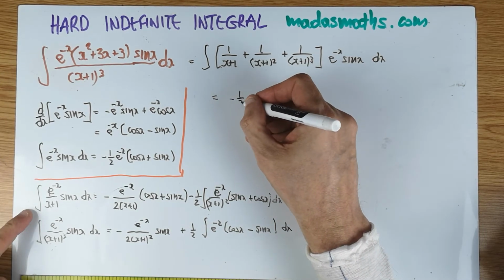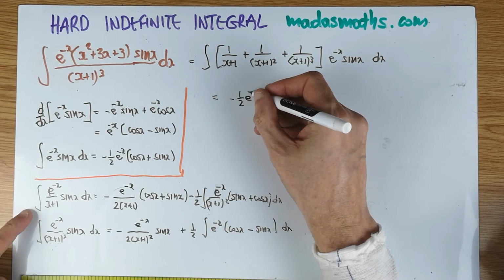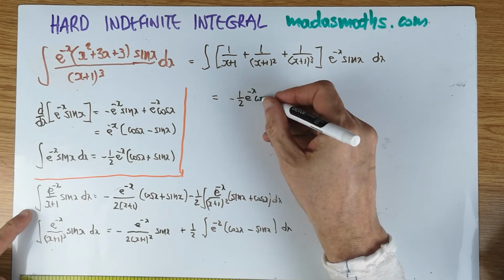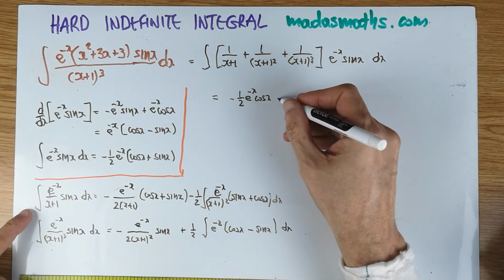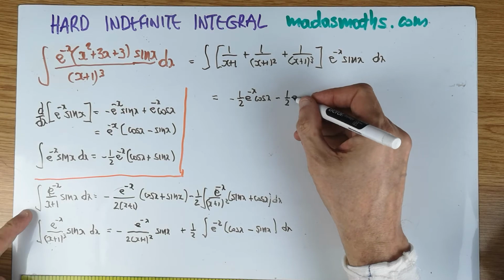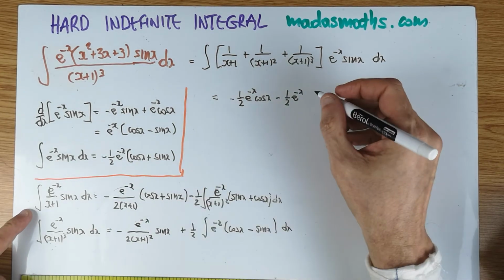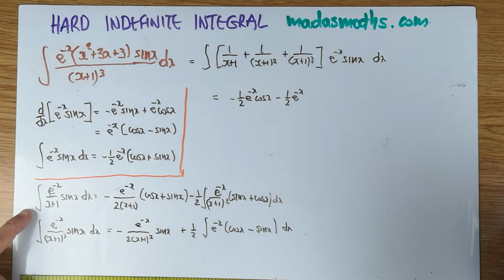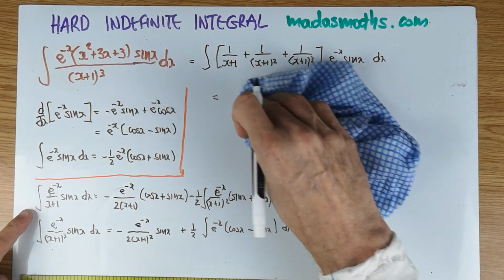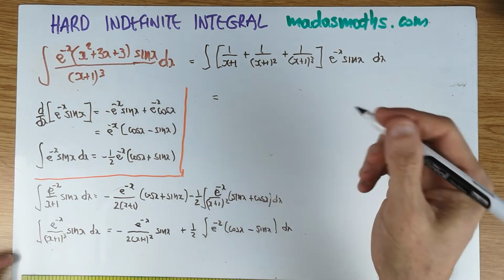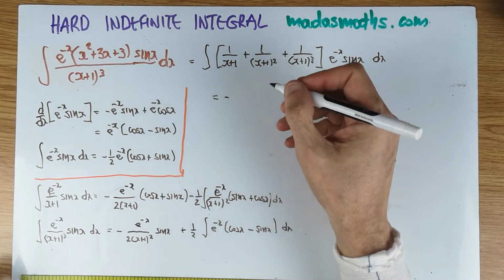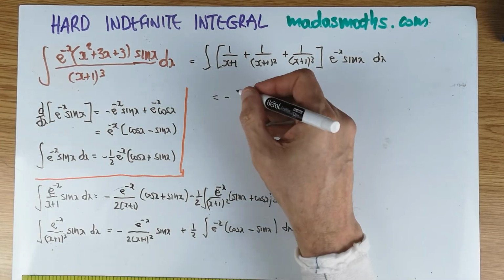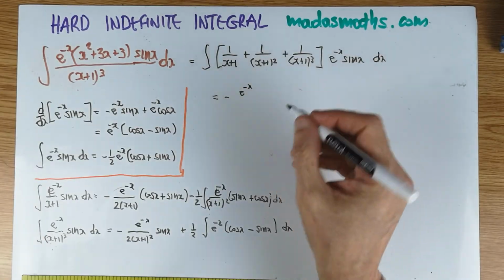Minus a half e to the minus x cos x minus a half e to the minus x. No, probably not a good idea too. Hopefully we can see it. I won't have space, unfortunately. I was going to expand it all, but probably going to run out of space.